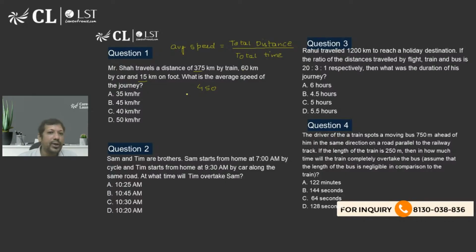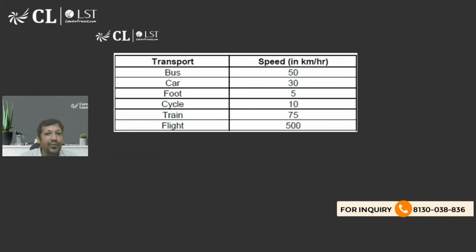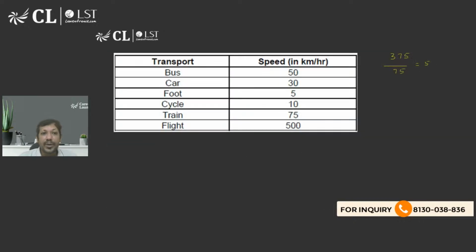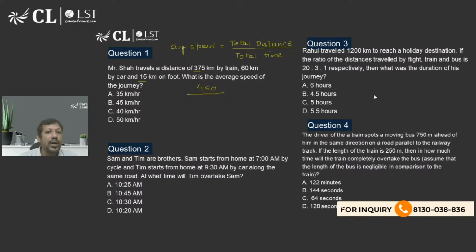Now, my job is to figure out what is the total time. He is traveling 375 kilometers with train. Speed of the train is 75. So how many hours? 5 hours. Now 60 kilometers by car. Speed of car is 30. So how many hours in car? 2 hours.